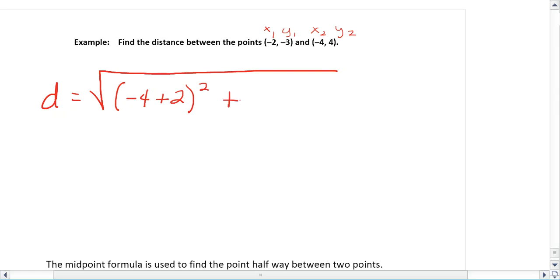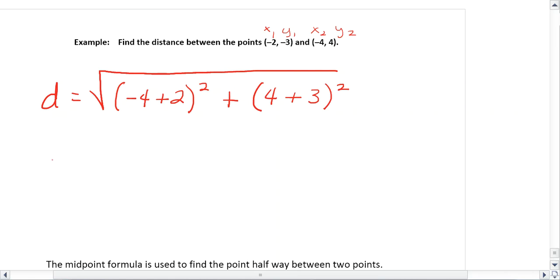Now in between these 2 parentheses is a plus sign. And now I have y2 minus y1. y2 is 4 minus, again, I'm subtracting a -3. So is that okay if I just write +3 and squared? So check my negative signs there and make sure you agree.